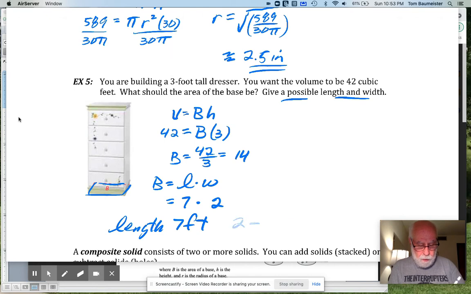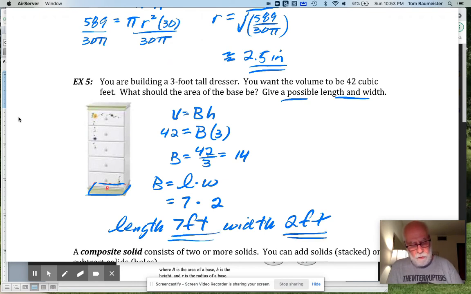I'm sorry, I should have put the word width there. I mean, you could have come up with ones with decimals in it. You could have used 14 feet and 1 foot. Okay. Again, that's what they're going to have you do on some of the homework.